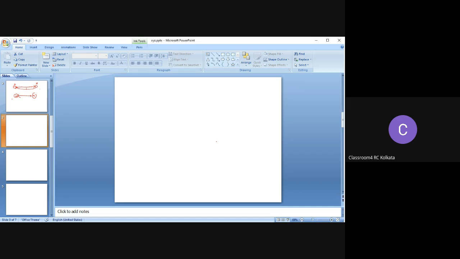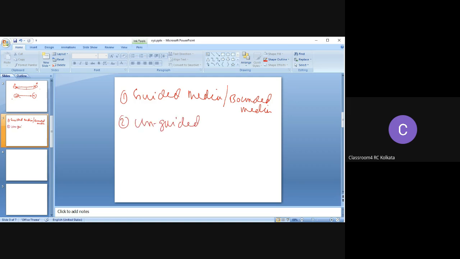Transmission media is divided into two classes. One is guided media, which some people call bounded media.